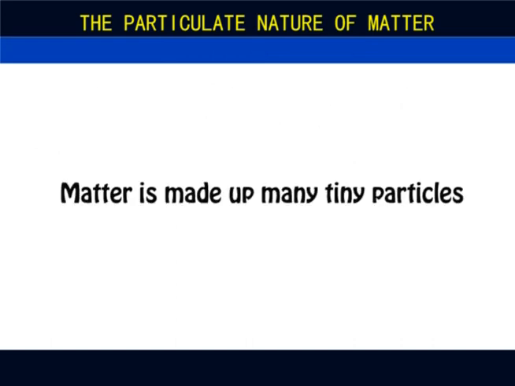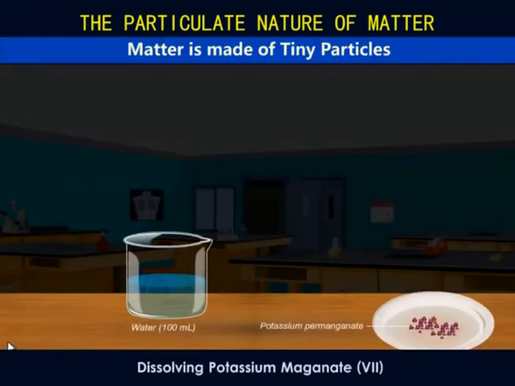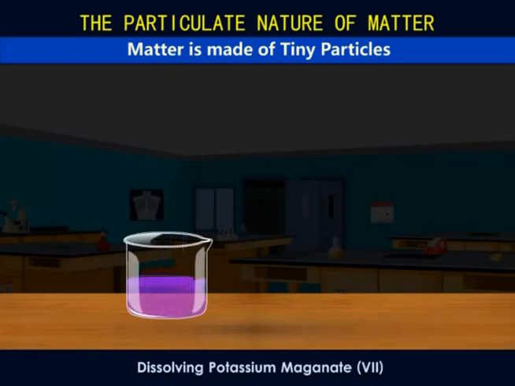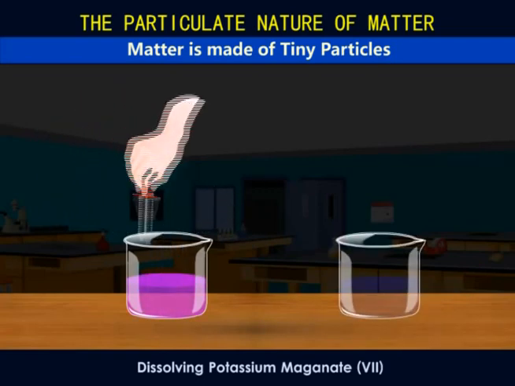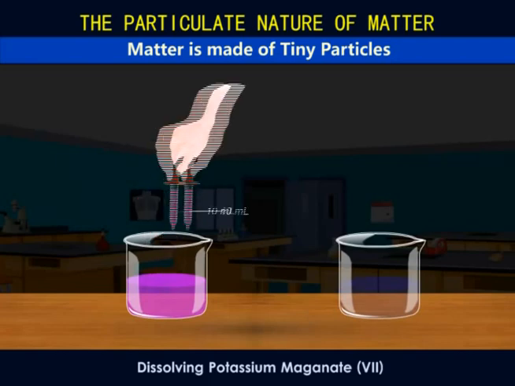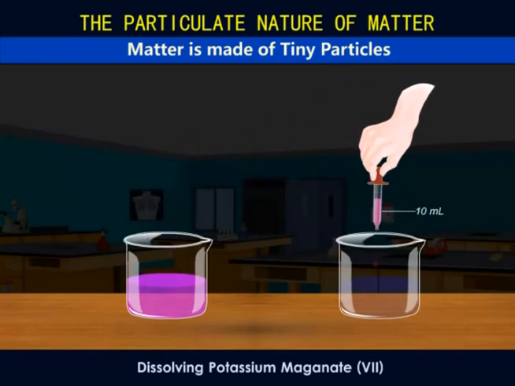Let's start with the first one, that matter is made up of tiny particles. We take some 4 crystals of potassium permanganate and dissolve them in 100 ml of water. Then we take 10 milliliters of the solution and add it to 90 milliliters of water to make another 100 milliliters of solution.